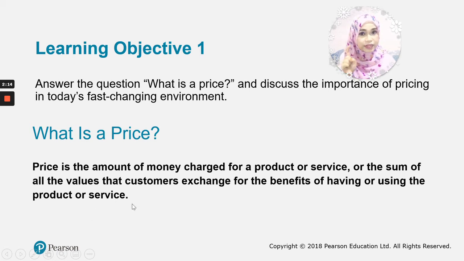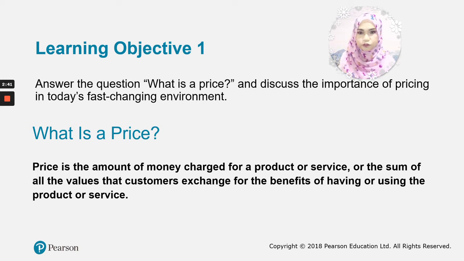So bear in mind that price is not actually the actual value of the product, but rather it is the amount of the perceived value that people are willing to spend when they want to acquire the product or the service. Let's say an iPhone, for example, how much does this particular iPhone cost? This is just iPhone 11.